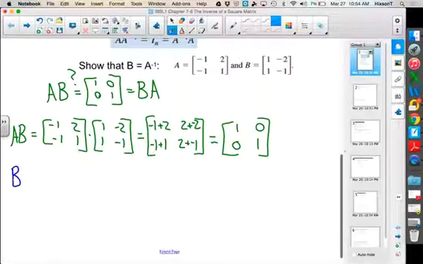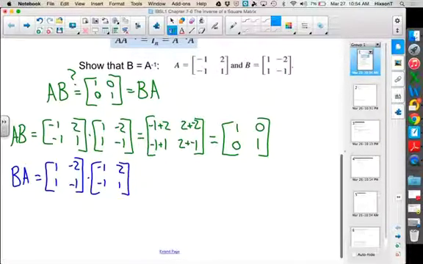Now if we do BA, same idea, except we switch it around. 1, negative 2, 1, negative 1, times negative 1, 2, negative 1, 1. So, negative 1 plus 2, 2 minus 2.